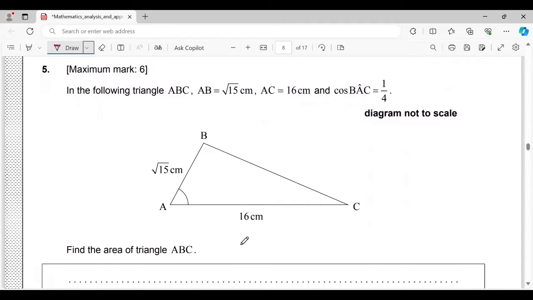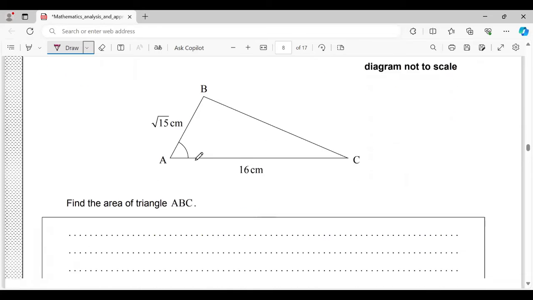Number 5. In the following triangle ABC, AB equals square root 15 centimeters, AC equals 16 centimeters, and cosine BAC is 1/4. Find the area of the triangle.